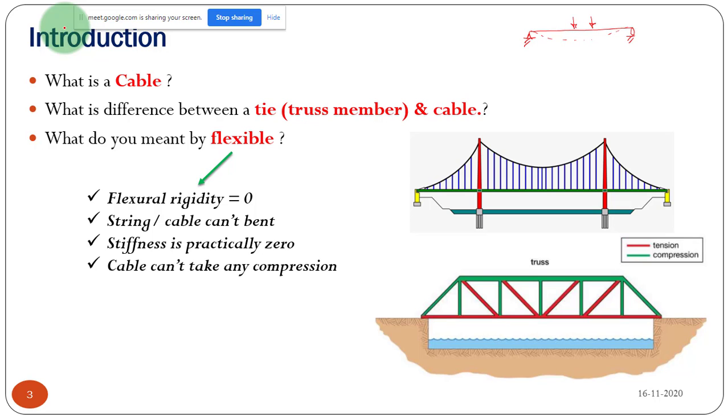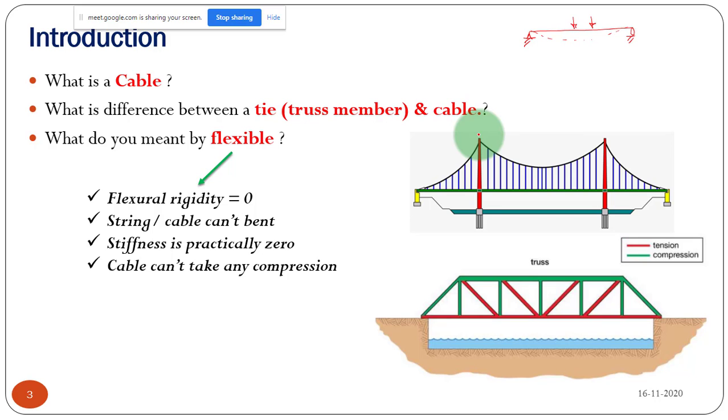The cable also can't take any compressive force. If you apply some compressive force, it cannot resist that force. It can take only tensile force. That is why we use it for a specific purpose only, especially widely used for bridges.